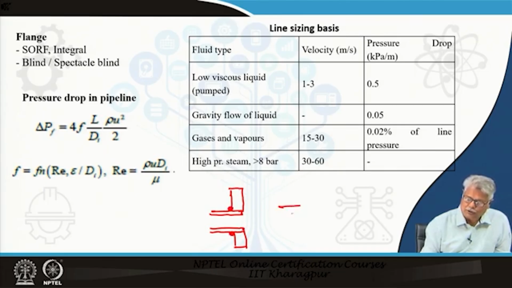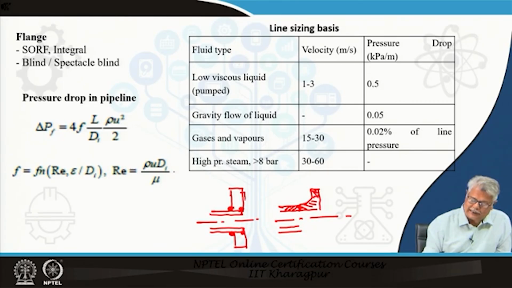Or I could also have an arrangement of a flange which looks like this. I am not drawing the lower part, it is symmetric, where it will be welded here. It is basically an integral hub.